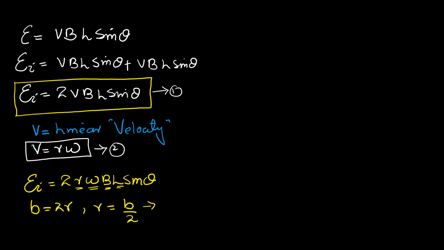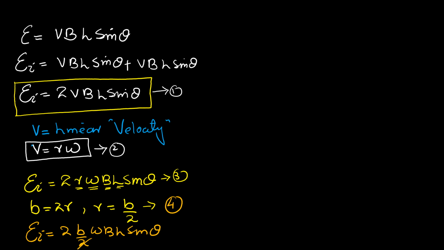Suppose this is equation number 3 and this is equation number 4. If we incorporate equation 3 in equation 4, we get net induced EMF equal to 2 breadth divided by 2 into omega BL sine of theta.